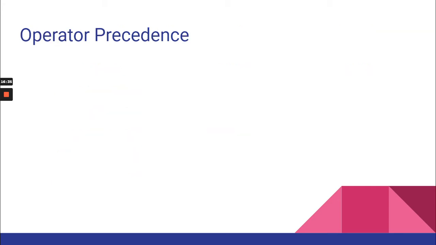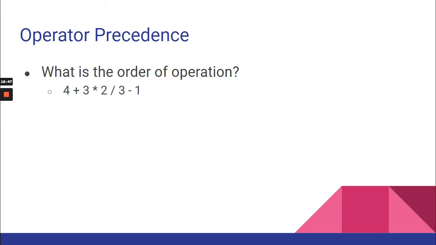Bring it along. Okay, everybody knows about operator precedence, the PEMDAS principle, order of operations. When we have all these different operators involved in an expression, who goes first, who goes second? Do we just do it left to right?